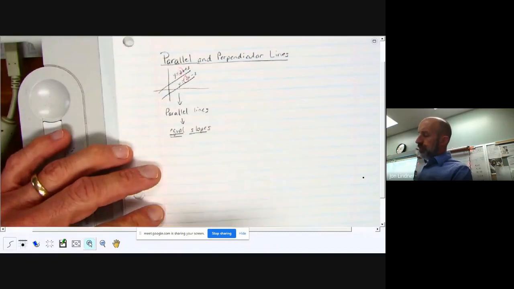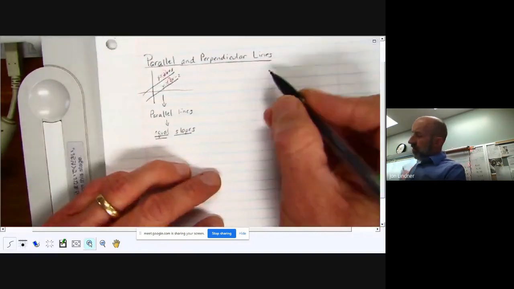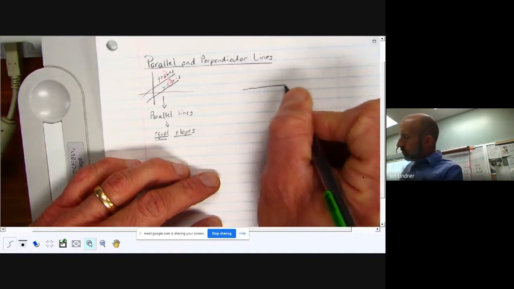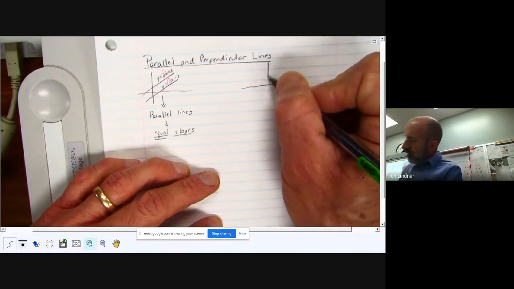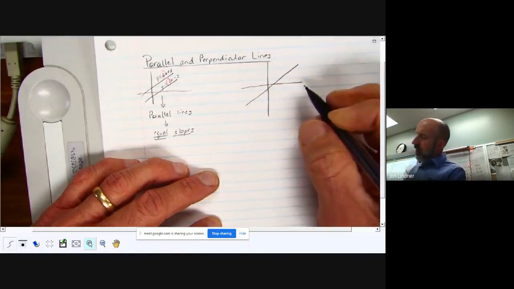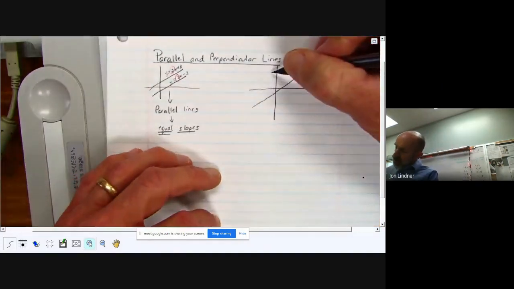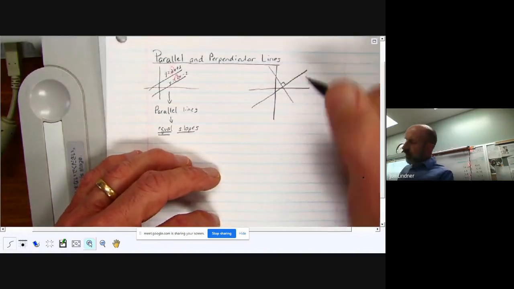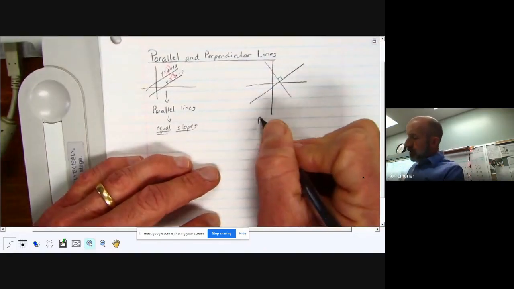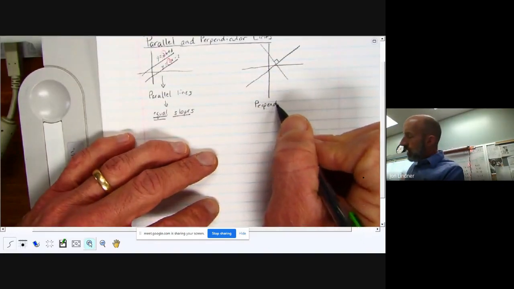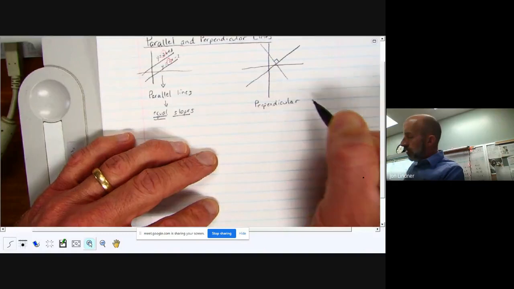Equal slopes. Now, if I have perpendicular lines, however, let's say this is my coordinate plane, and I've got this line, and then I've got a line perpendicular to it like this. Perpendicular lines are at right angles to each other.